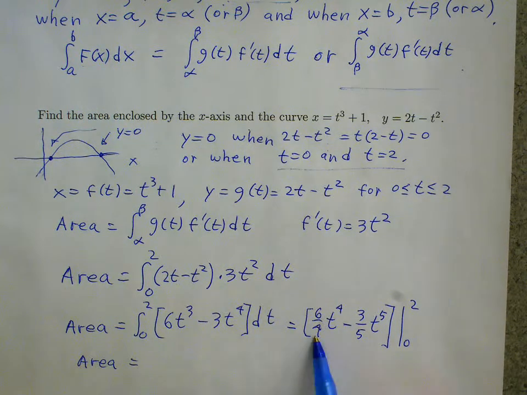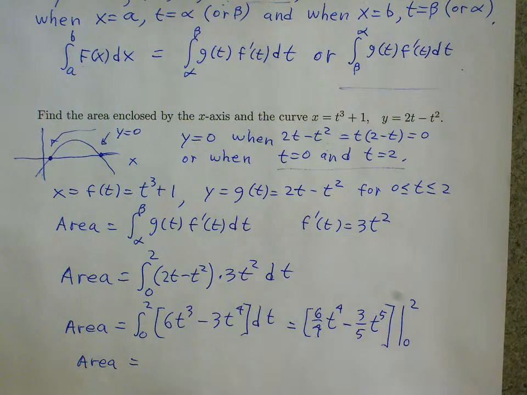So 6/4 reduces to 3/2. So 3/2 times 2 to the fourth is 16. And then minus 3/5 times 2 to the fifth is 32. And then the other contributions are 0.